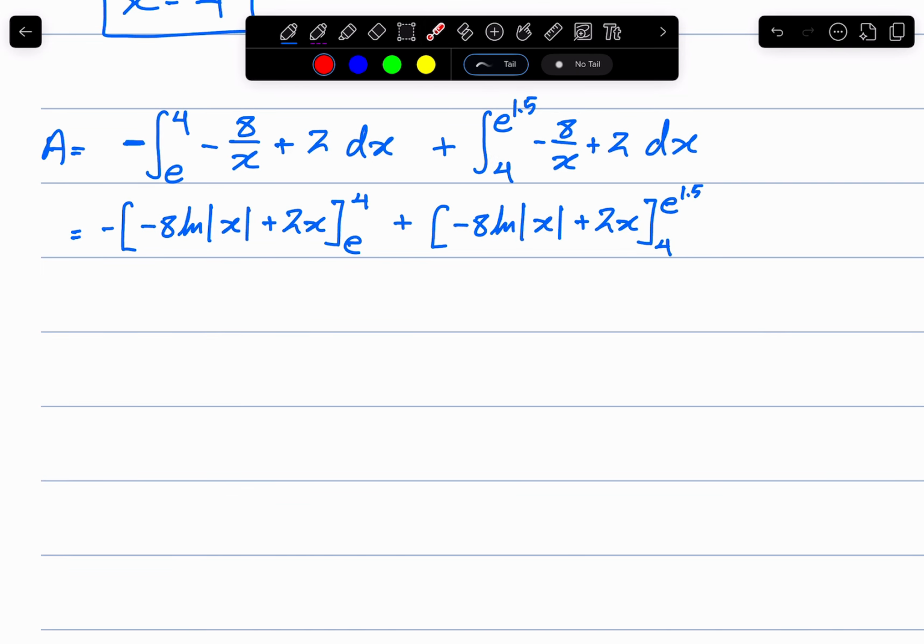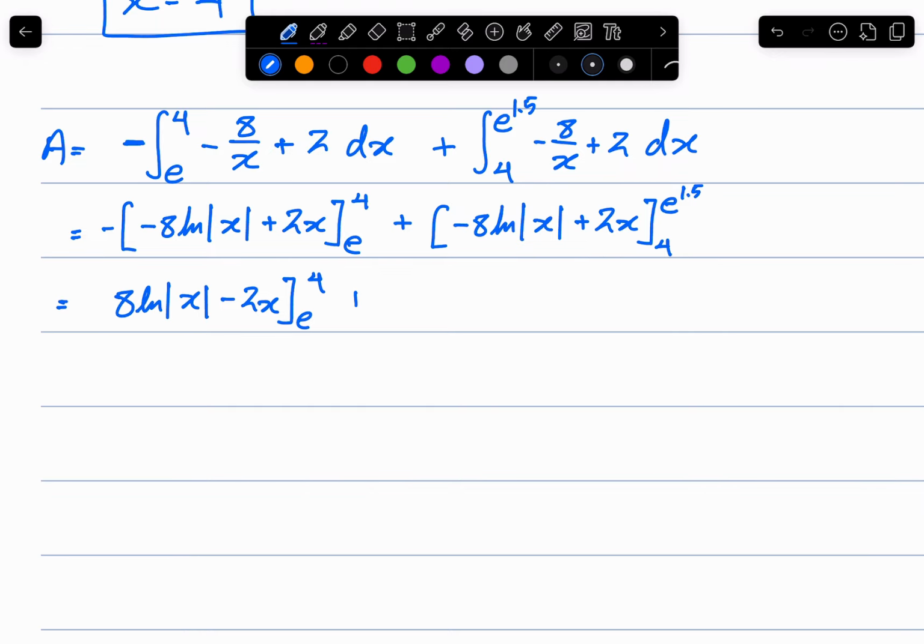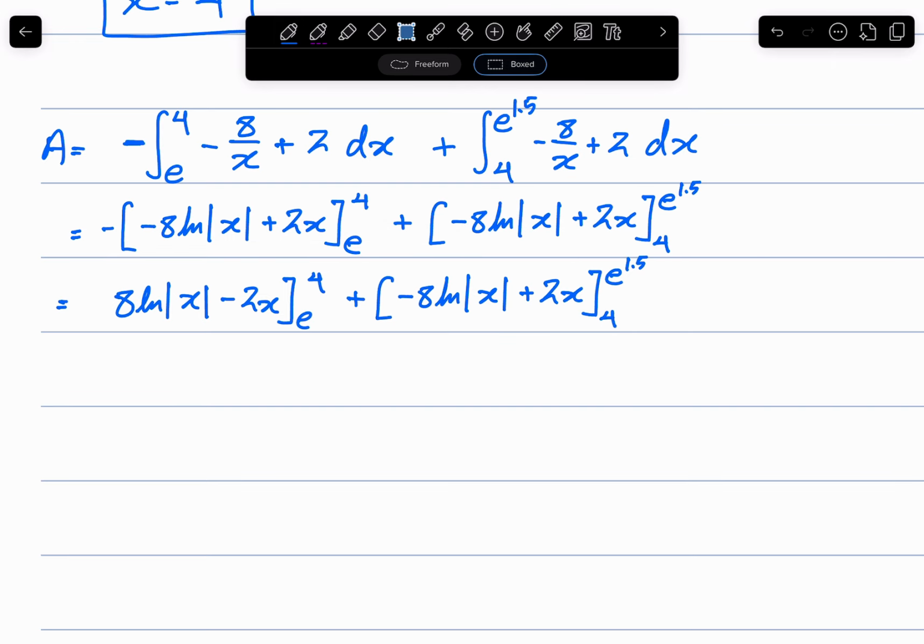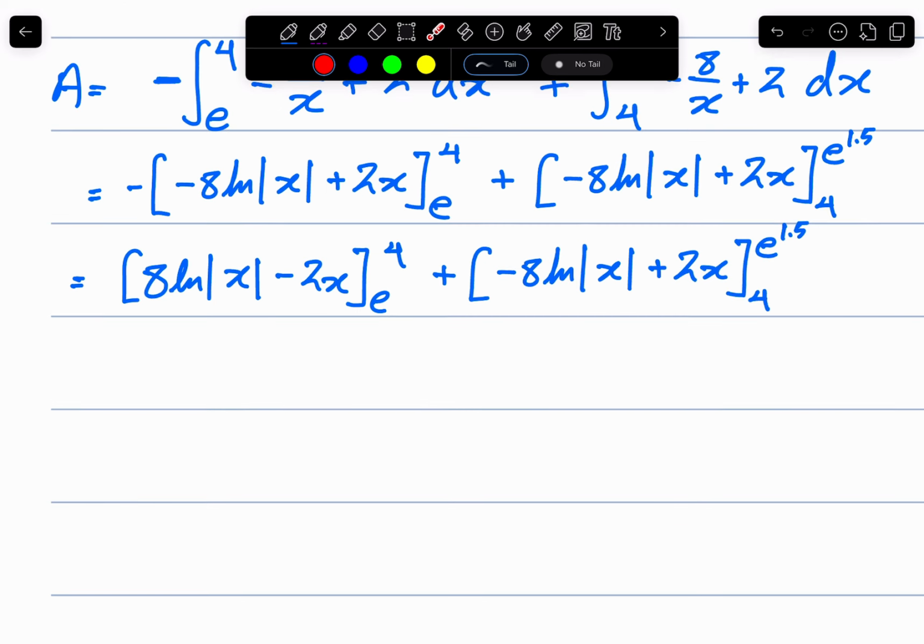Okay, so now we're going to substitute 4 into this one. This first one I'm going to simplify by multiplying out the negative. So this will become 8 ln absolute value x minus 2x from e to 4, plus everything else. The reason for that is, rather than try and keep that negative in the front with another big bracket, I'll simplify it and not have to think about it now.